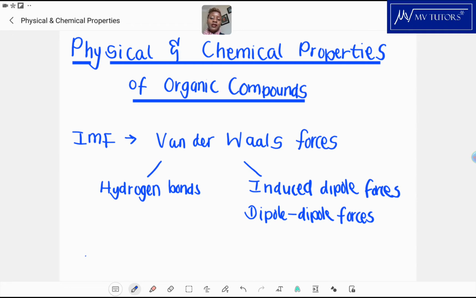Like I said, you should know this from grade 10, but just a little bit of a recap. So induced dipole forces, let's say you have an alkane. An alkane by nature is non-polar. Why? It's a hydrocarbon. It consists only of hydrogen and carbon atoms. So your hydrogen atoms are surrounding the carbon chain, and because you have hydrogen on the outside, it's non-polar.